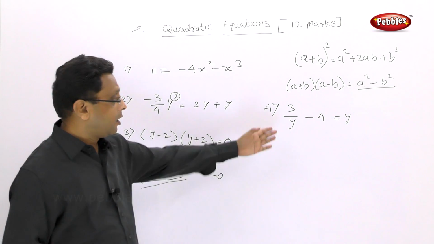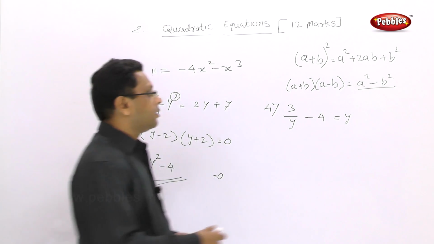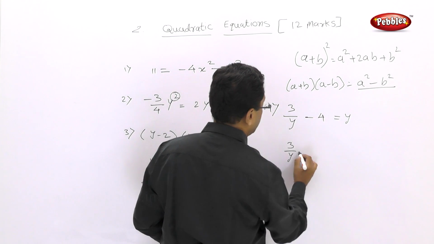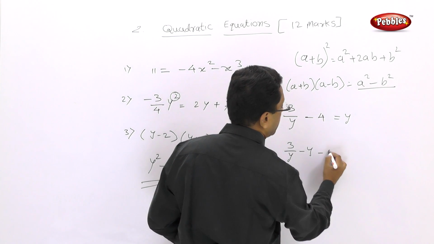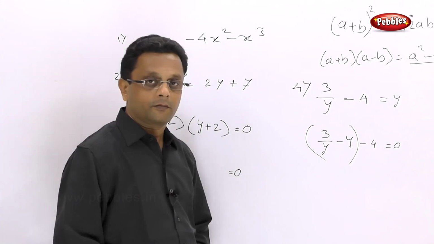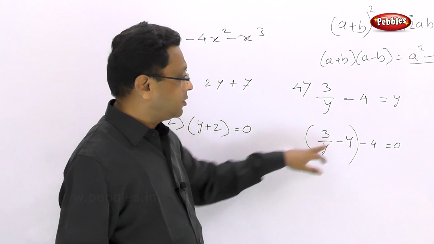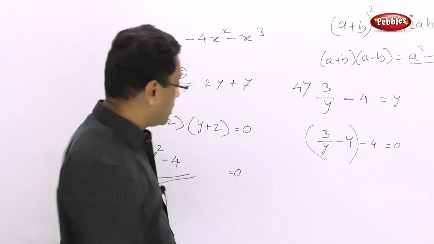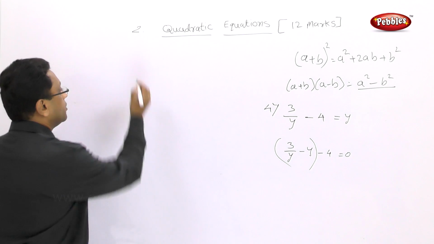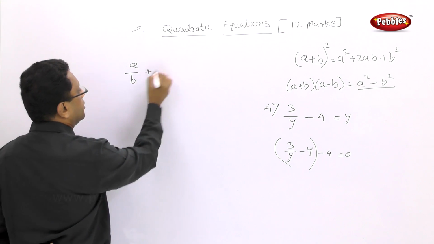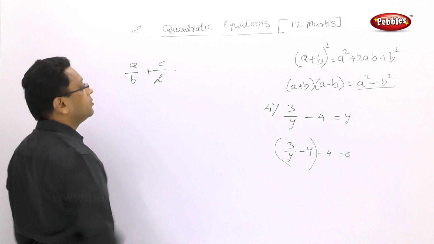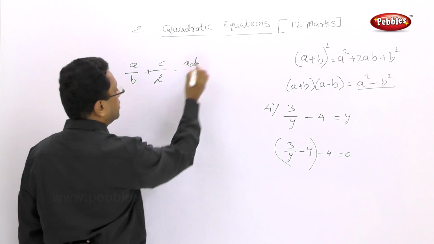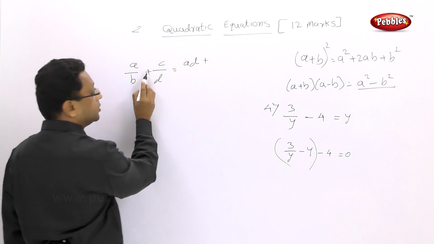Okay, now how will we solve these examples? Let us take this y to this side. So 3 upon y minus 4 equal to 0. Okay, how to solve this? Cross multiplication. How to do that? Do you remember? a upon b plus c upon d equal to, first cross multiplication, ad plus, because this is plus sign.